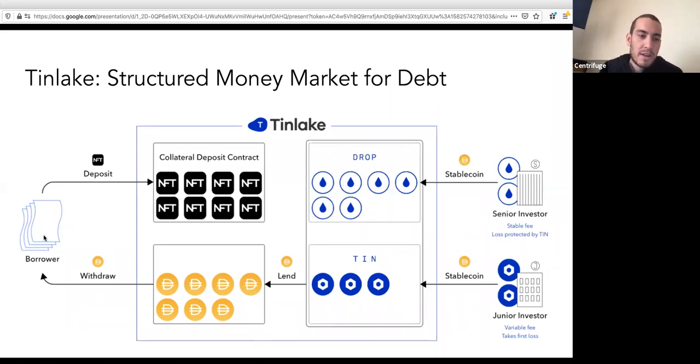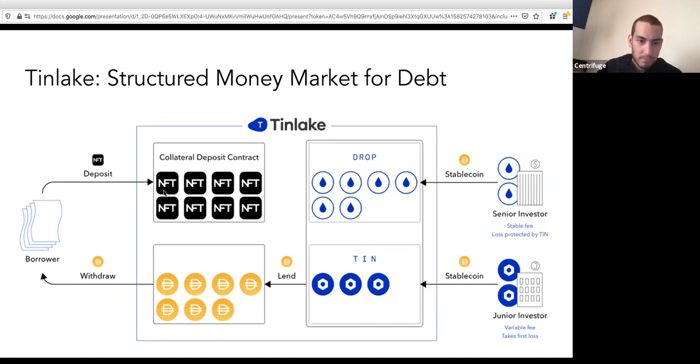On the borrower side, you have all of these different NFTs, a couple of dozen different invoices for example, that make up this portfolio that you want to invest in. Each one of them has a different maturity date, different risk score, different interest rate, different amounts. And so Tinlake keeps track of these individual assets and manages the cash flows from these loans.